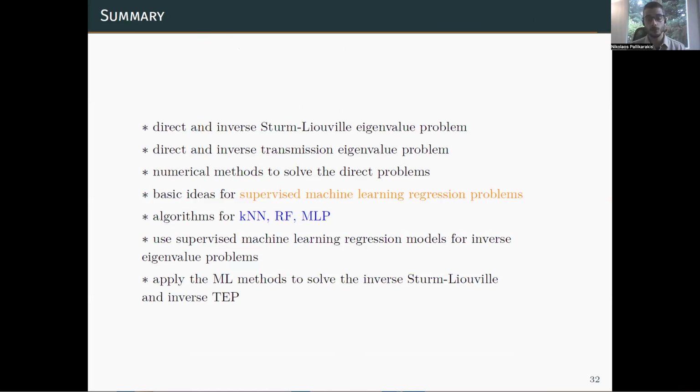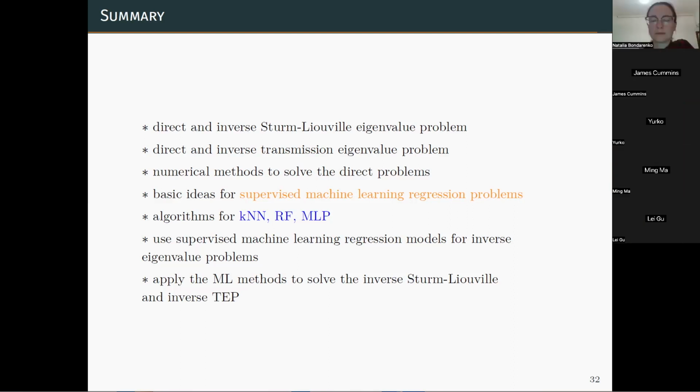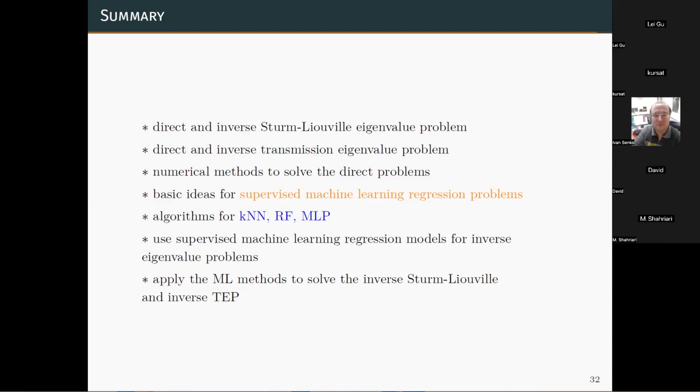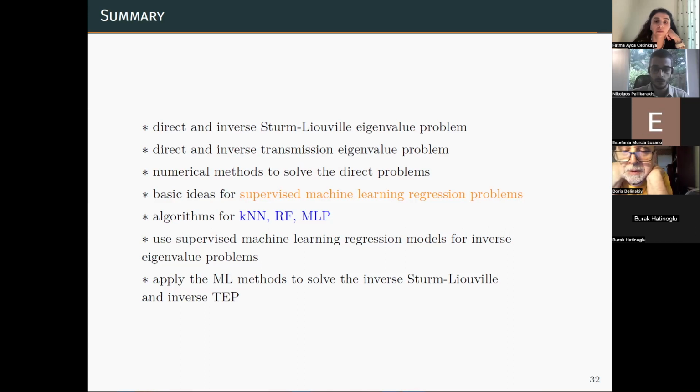I tried to explain quickly, in a short seminar, the main idea behind KNN, random forest, and MLP. Then I showed how we use supervised machine learning models to adapt them to inverse eigenvalue problems. And in the end, we saw some examples of application of these models to solve inverse Sturm-Liouville and inverse transmission eigenvalue problems in special cases, for which we also have some uniqueness results.